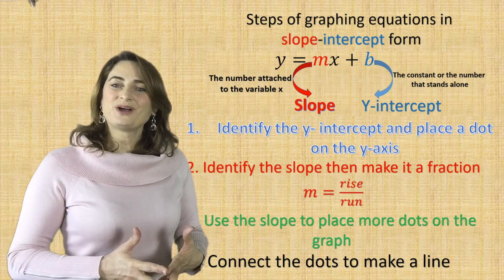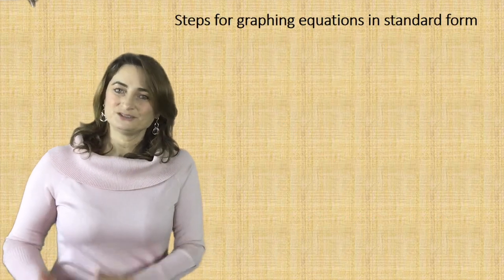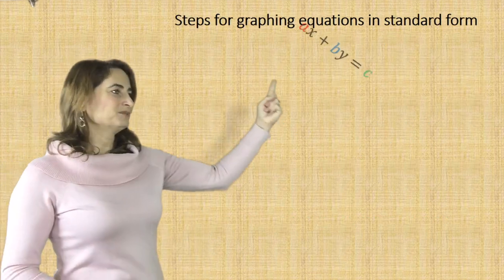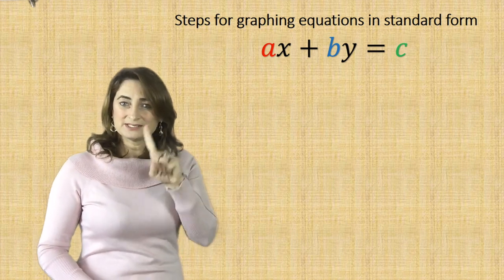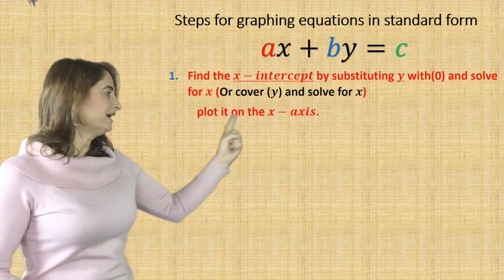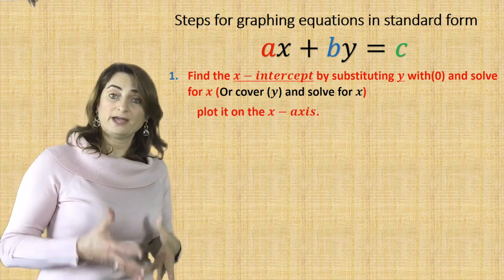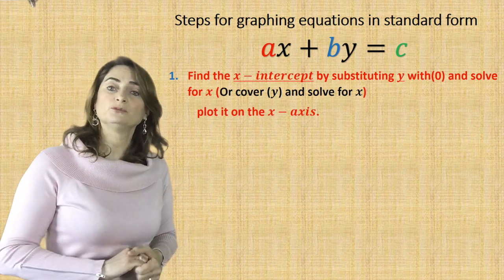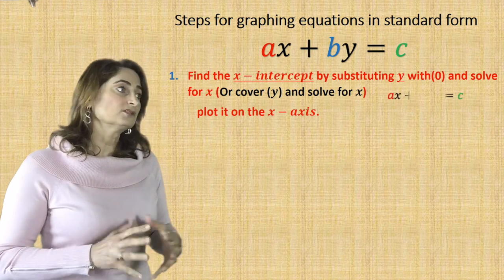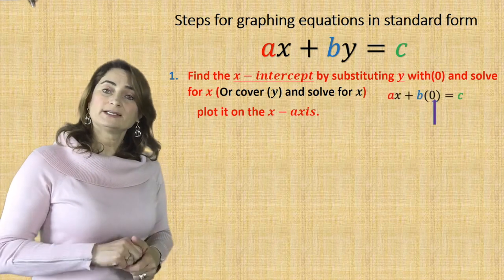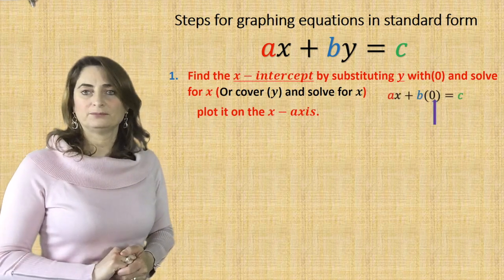Now let's review graphing equations written in standard form, that is ax plus by equals c. Step number 1 is to find the x-intercept by substituting y with 0 and solve for x, or cover the whole term y and then solve for x, then go to the x-axis, put a dot on that number.